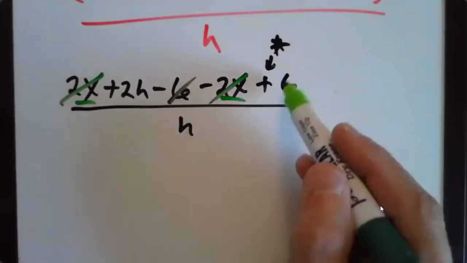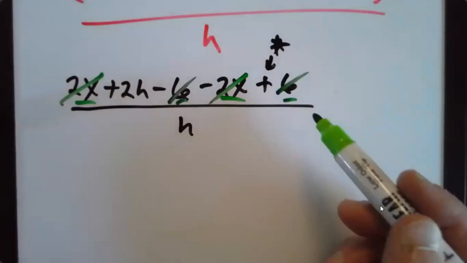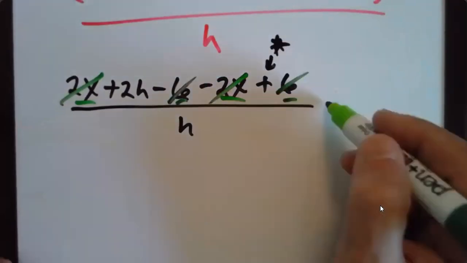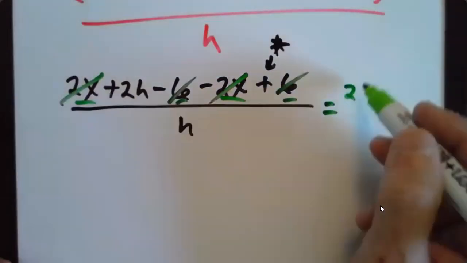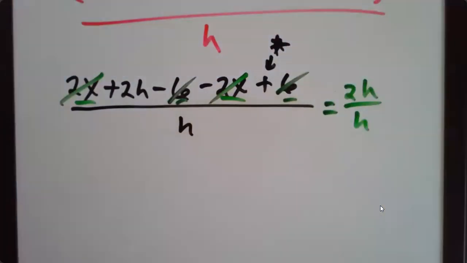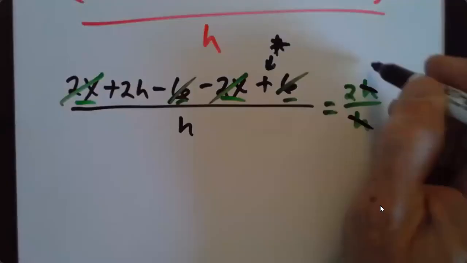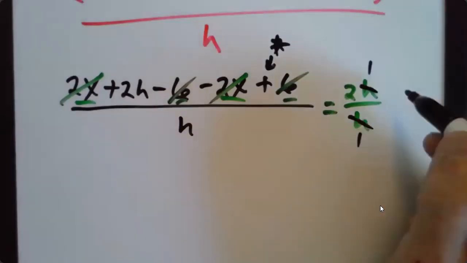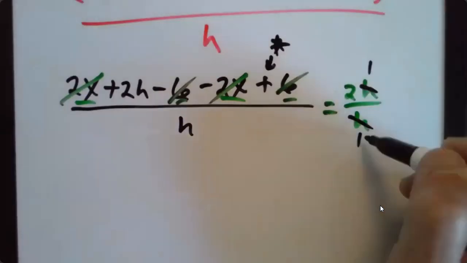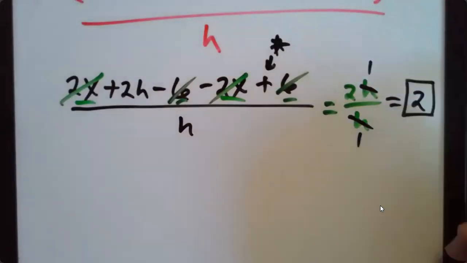They go to 0 and cancel out. So now we're left with 2h over h. From here we can simplify the h's, and they become 1. So that's 2 times 1 over 1, and that's just 2, and that's our answer.